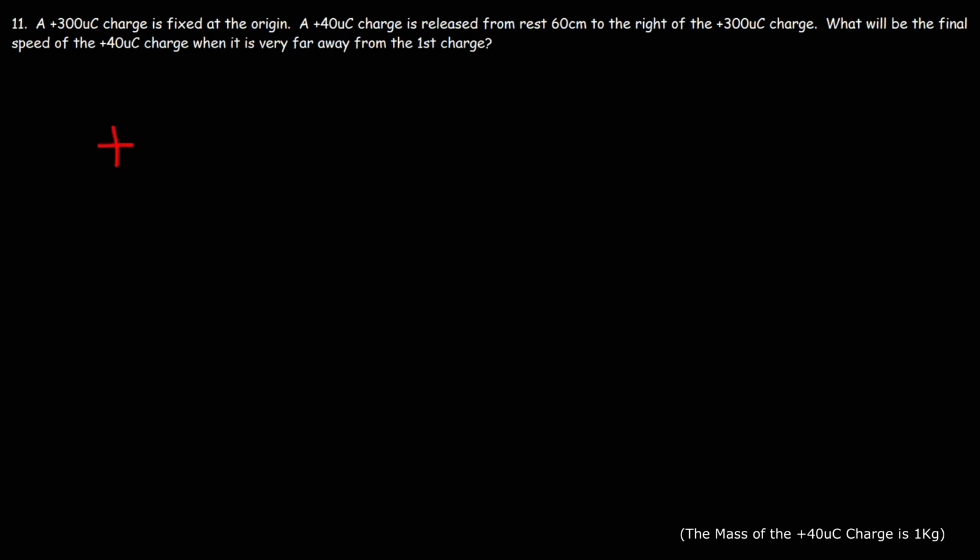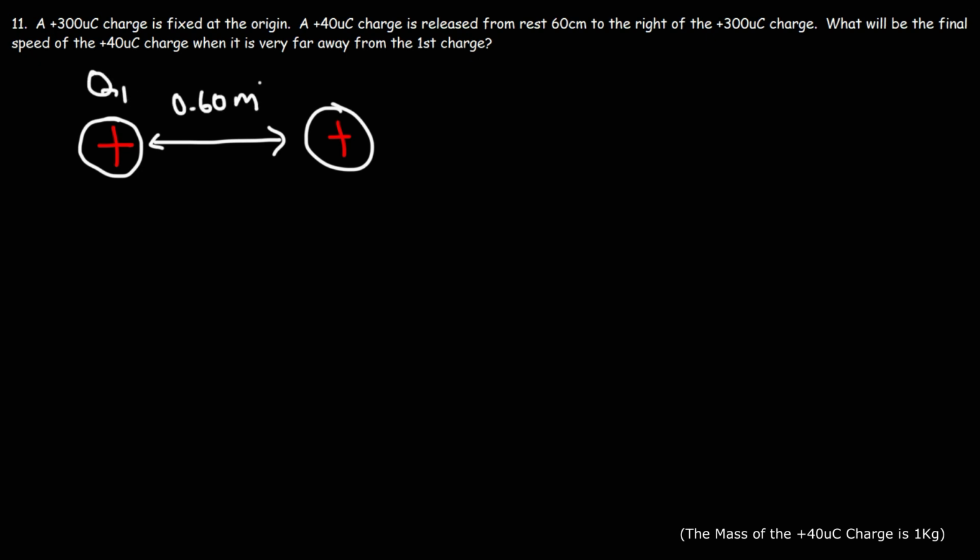So here's the first charge. It's fixed to the origin. And initially here is the second charge. It's initially 60 centimeters, or 0.60 meters, from the first charge. Let's call the first charge Q1 and the second one Q2. So this one is held fixed to the origin, and this one is free to move.